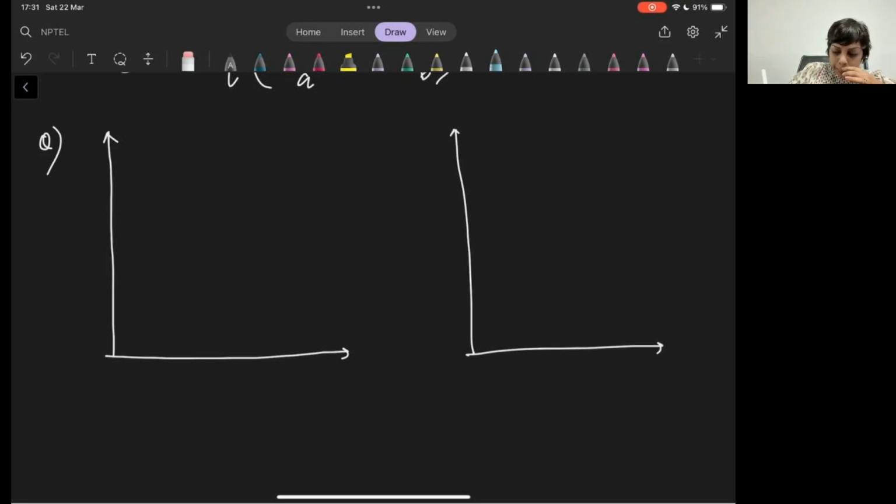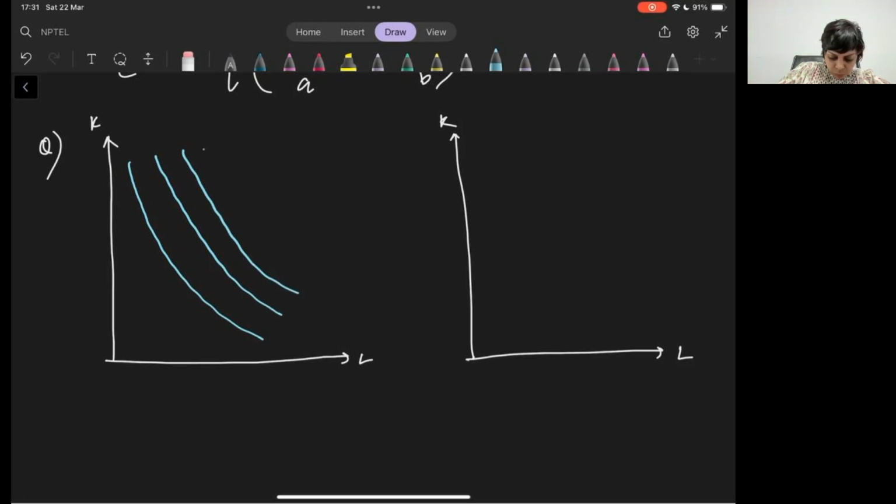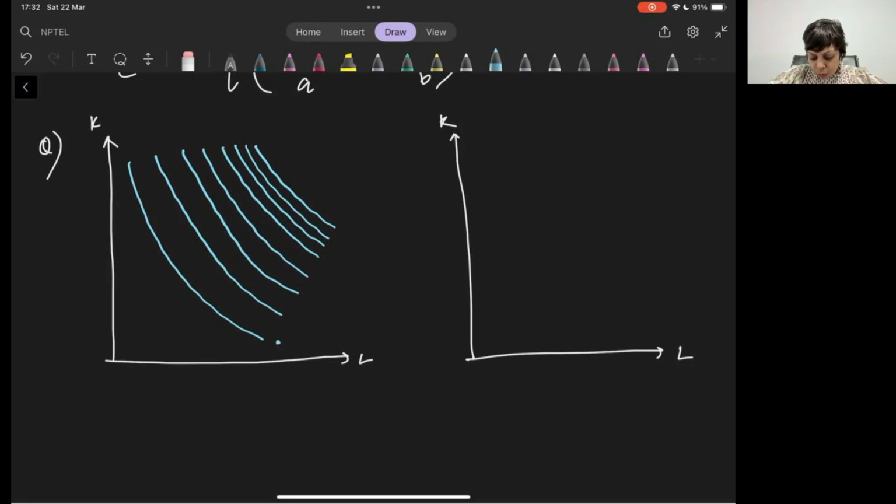Okay, I'm making isoquants here. Okay, so I'm writing the values of Q associated with each isoquant.